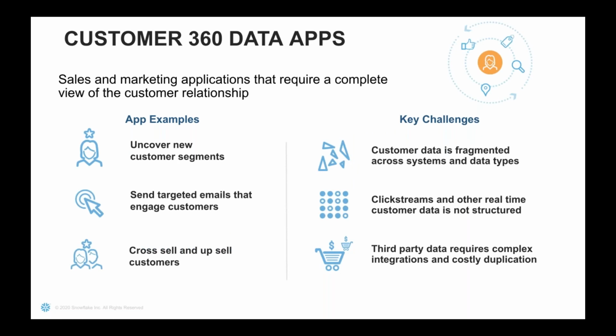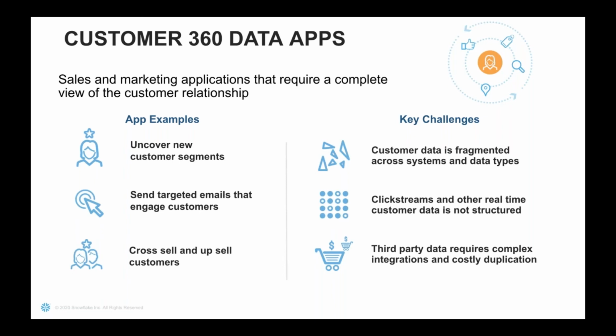So when we think about Customer 360, again, this is all about capturing information about your customer. And years ago, there were a few core applications that would have information about your customer. But nowadays, there are so many more places that we need to get customer data from. And our sales and marketing teams need that data to have a complete view of how we as a company are engaging with our customers.